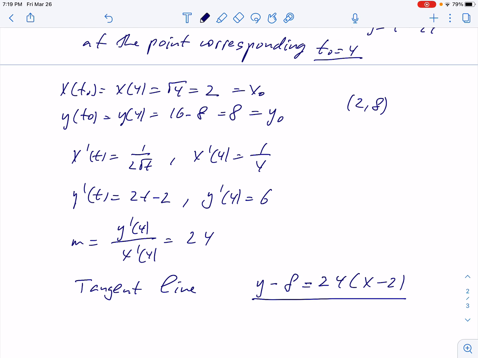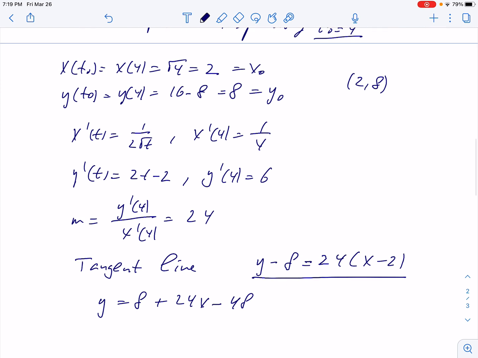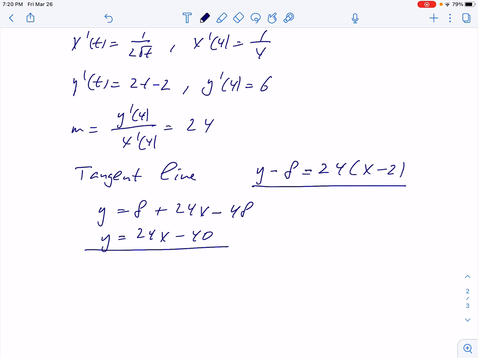This can be written y equals 8 plus 24x minus 48. So this will be y equals 24x minus 40. Slope-intercept equation. Good. Next example.